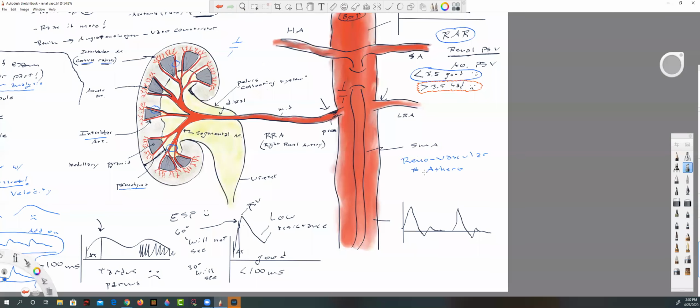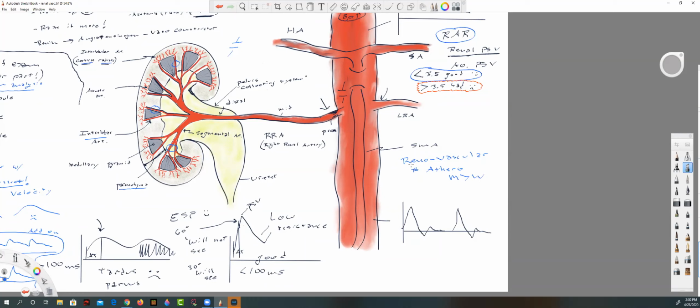And that's usually more of men than women. Atherosclerosis, men greater than women.